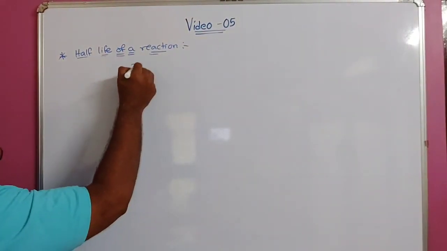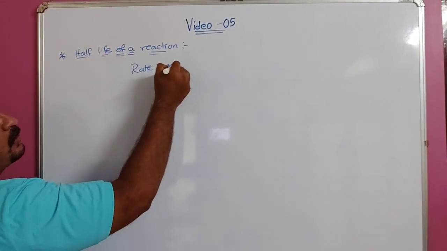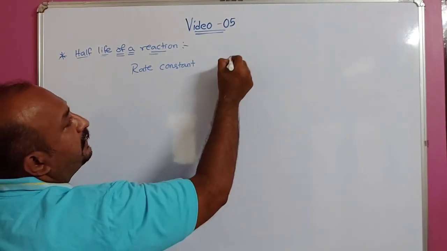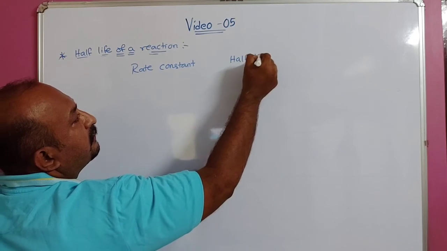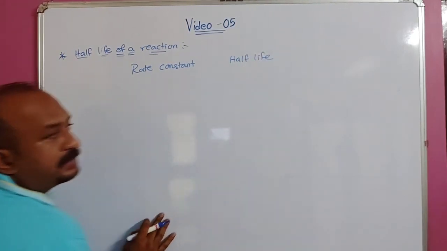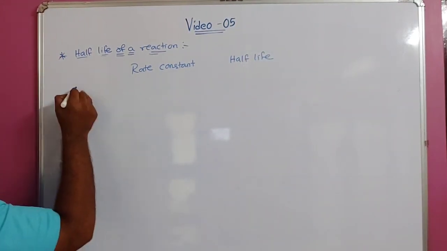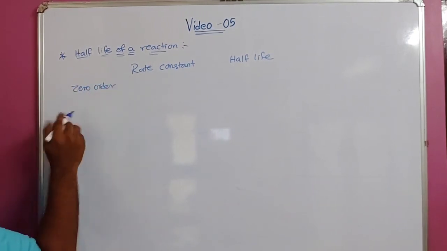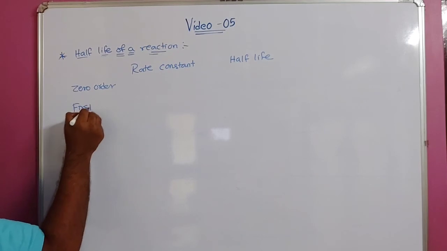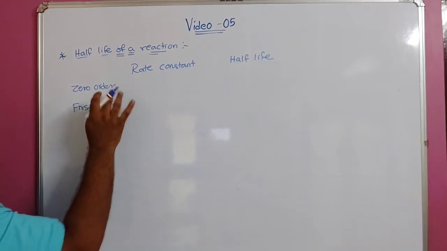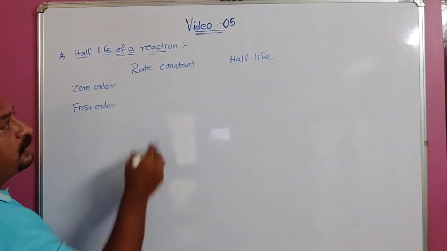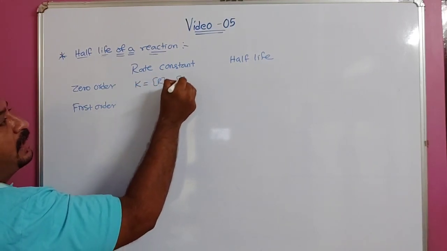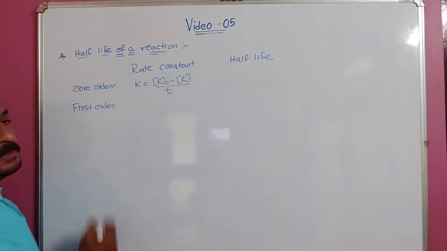When we write rate constant and half-life for a reaction, pay attention: rate constant for zero order and first order reaction. When we say zero order, what was the formula? K is equal to R0 minus R by T was the formula.